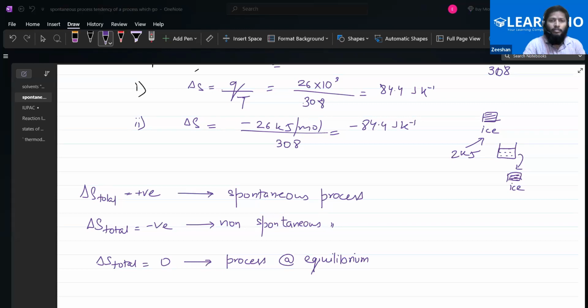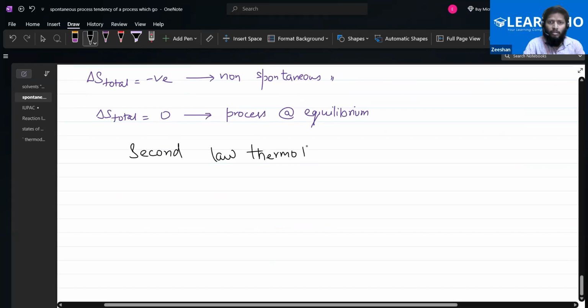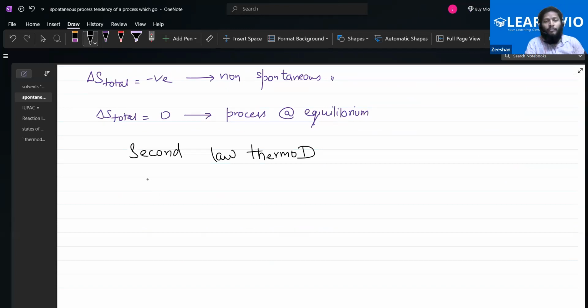Now we will see the second law of thermodynamics. The second law of thermodynamics says that for any spontaneous reaction, the entropy of the universe will always increase.